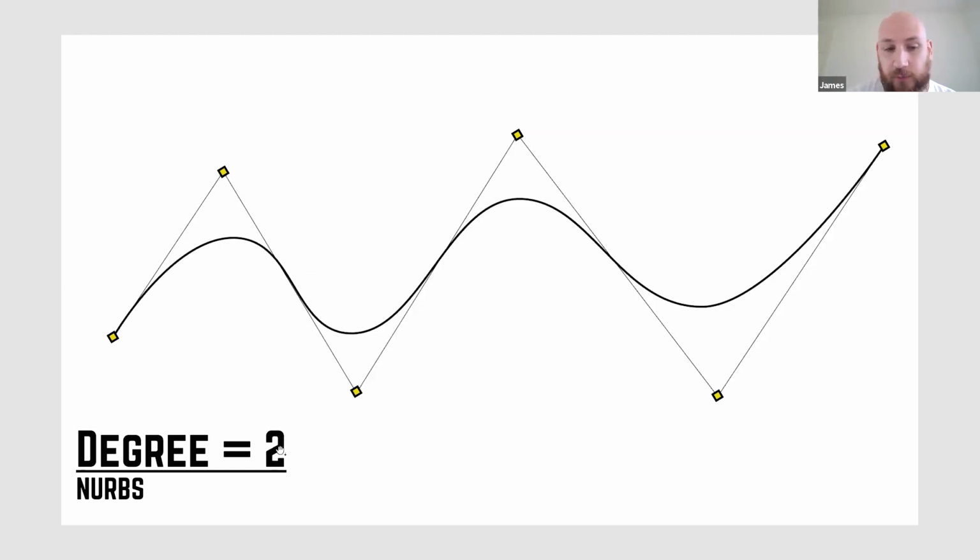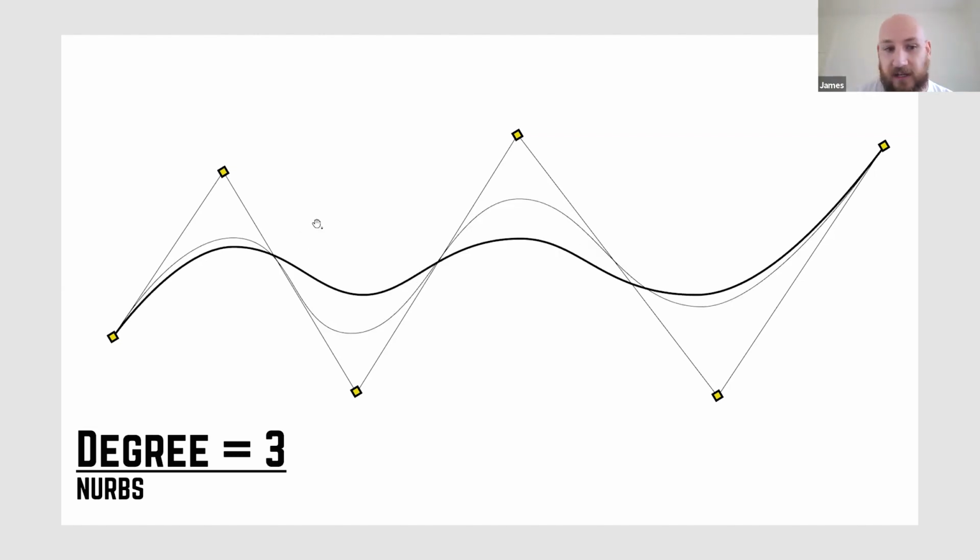If the degree is 2, the NURBS curve is considering the point on either side of its point to consider how curved that geometry will be. So in the case of this curve, it's considering these 2 points for the left side and these 2 points, so it's really 3 points to consider, and that curve forms perfectly and comes off the points, except for the start point and the end point.